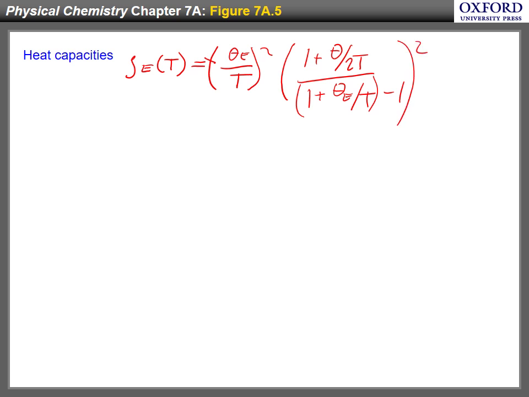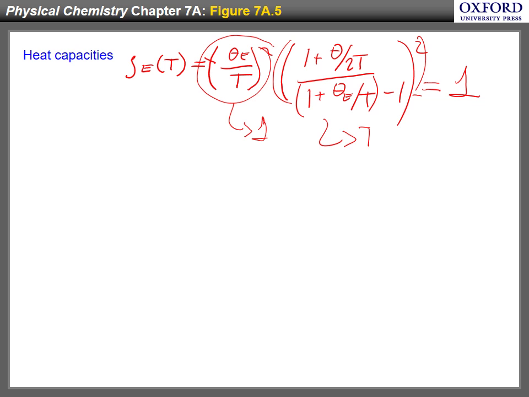So when T is extremely large, this term approaches 1, and this term also approaches 1. Therefore, this whole thing becomes very close to 1.